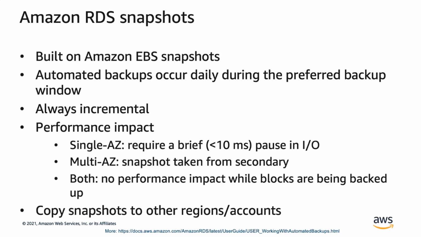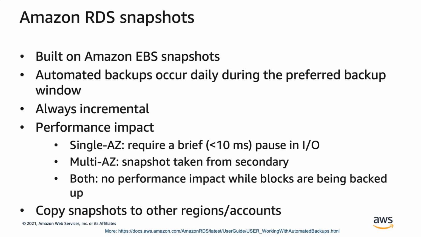And then any other snapshots you take afterwards are incremental. That means if you modified only 1 gig of data, then the second snapshot will have only those increments, only the changed blocks which are modified after the first snapshot.